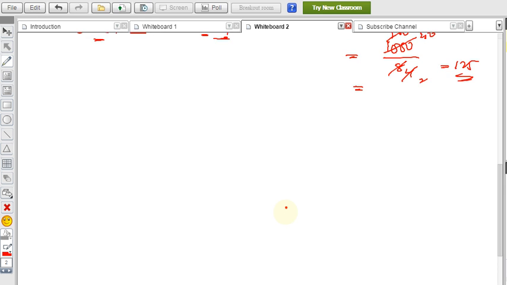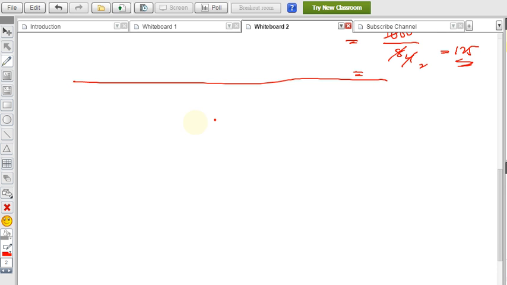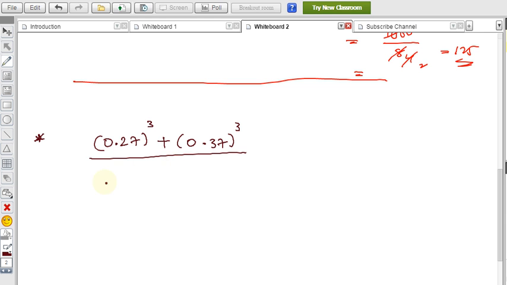I'll give one last example for the same method. In this, 0.27 whole cube plus 0.37 whole cube, by 0.0027 power 3 plus 0.0037 whole cube.